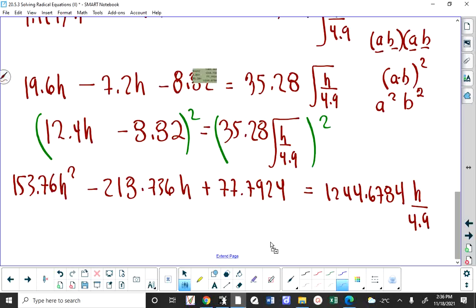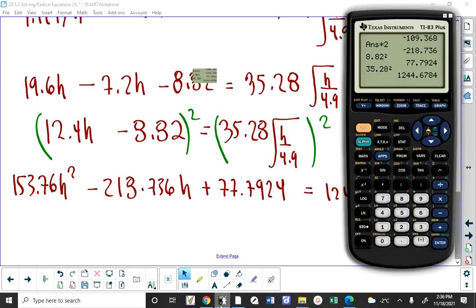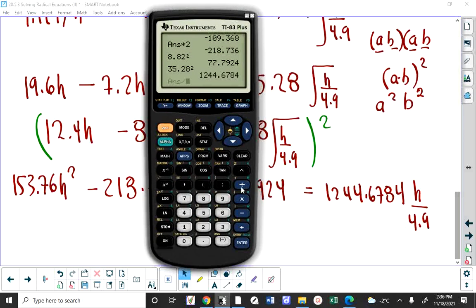We might as well divide 1244.6784 by 4.9, then we don't have a fraction. And hopefully the decimal we get isn't too crazy. That's not bad. 254.016.